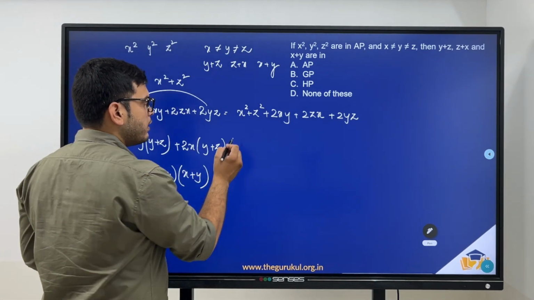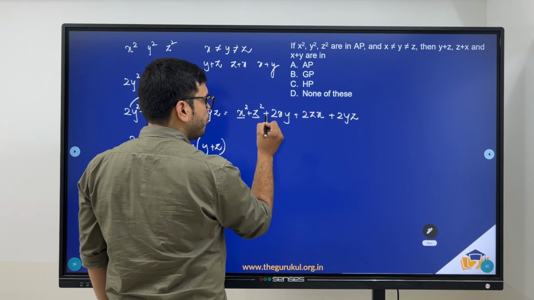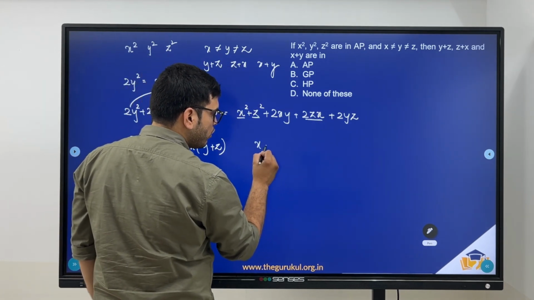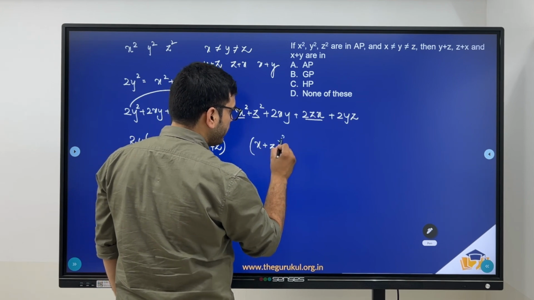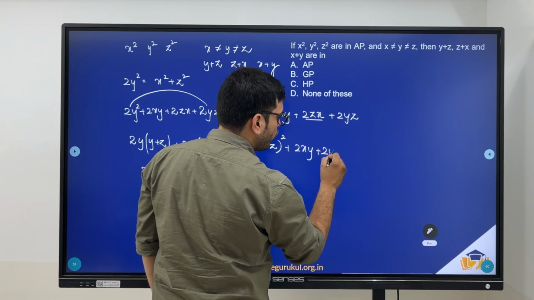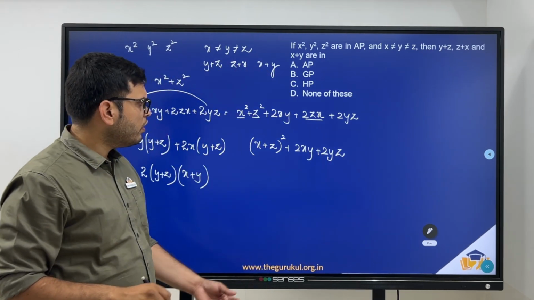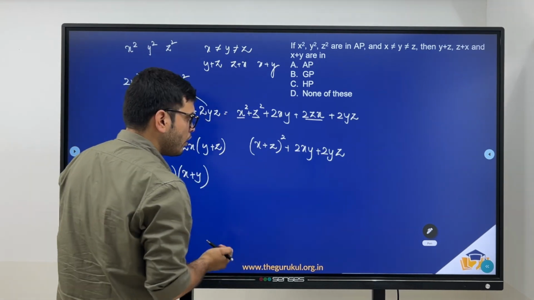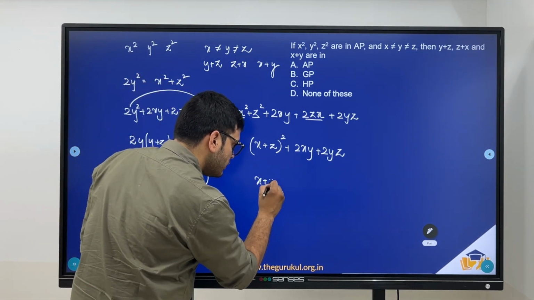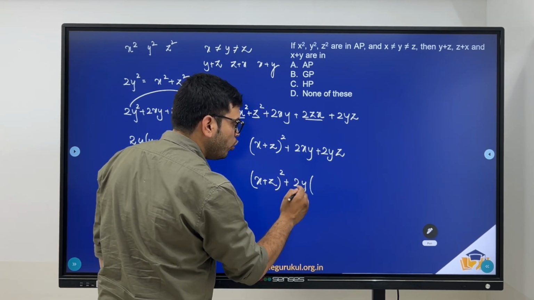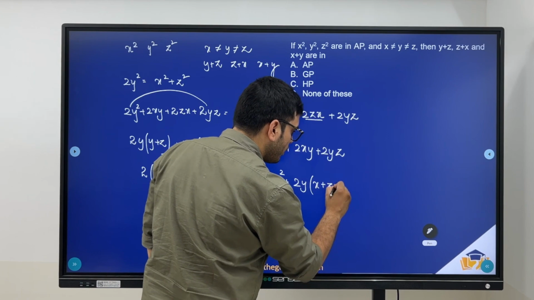Now coming to the right hand side, we have x square plus z square plus 2zx. So this is nothing but the expansion of (x plus z) whole square, plus we have 2xy plus 2yz. Then here I can take 2y common. So we have (x plus z) whole square plus, if I take 2y common, 2y into (x plus z).